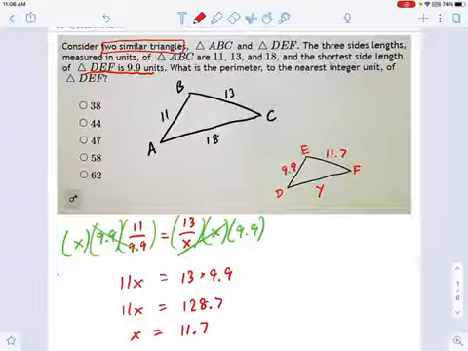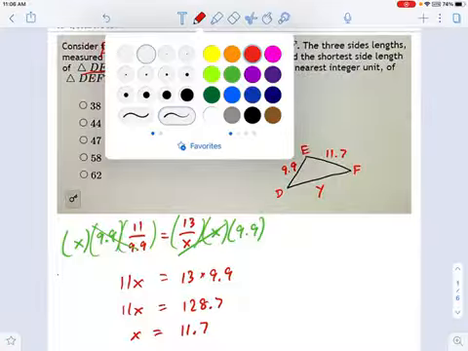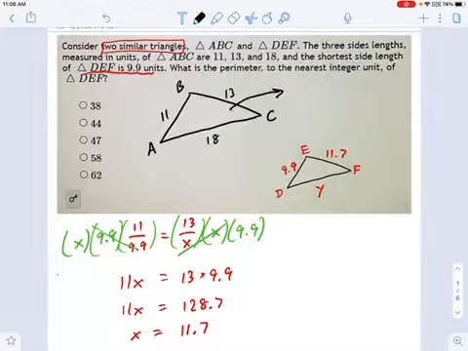A quicker way to do it is this way. For this triangle, ABC, the perimeter equals 11 plus 13 plus 18. Just don't want to make any mistakes here. That is 42. So with a perimeter of 42, you set up the following equation.